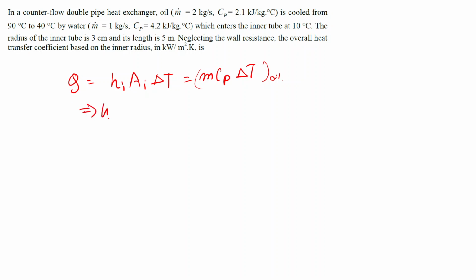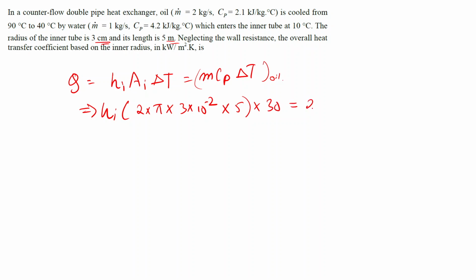That is, we can write Hi is equal to, area will be 2 pi RL, that is 2 into pi into the radius of the pipe we have in inner tube is 3 centimeter. That is 3 into 10 raised to minus 2 meter into length we have been given as 5 meter, 5 into delta T will be 30 degrees Celsius from the earlier slide.